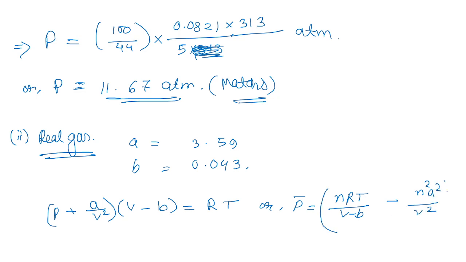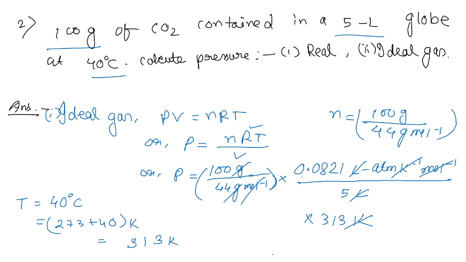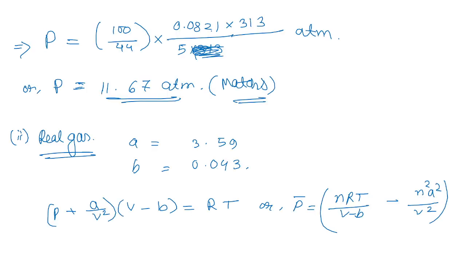Now I just have to put the values. All things are already provided. Let me write here nRT, otherwise I will also make a mistake.